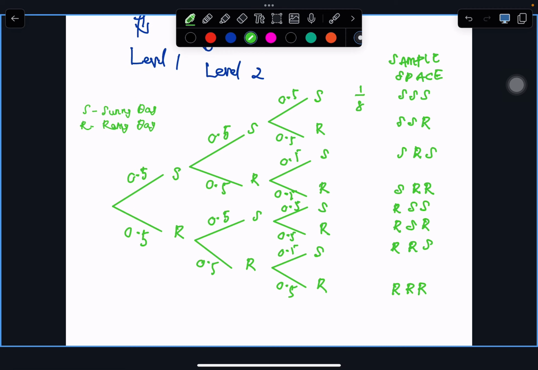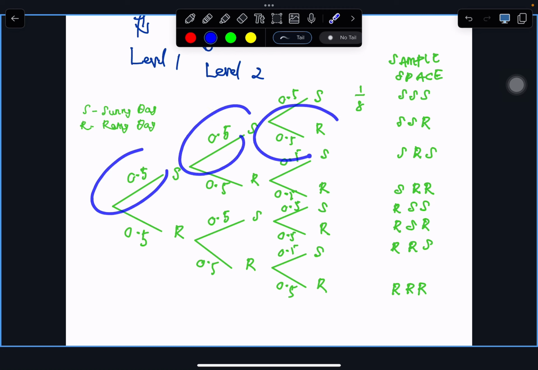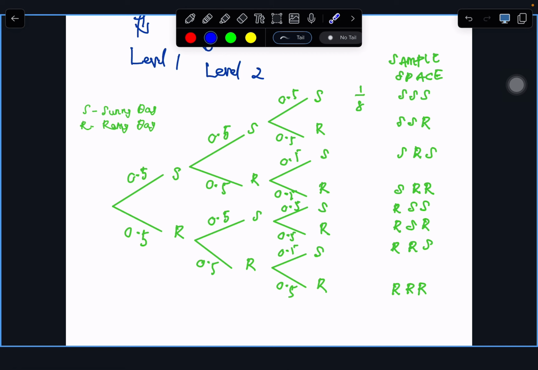All right. What is the second one? This one, this one, this one. 1/8 too, right? Why 1/8? Because each branch has equal probability. If you have different probabilities, then you have to multiply. So here you will have 1/8, 1/8, 1/8, 1/8, 1/8, 1/8, and 1/8.